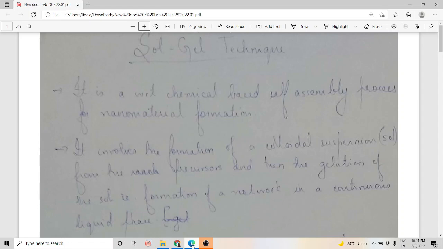Initially, a colloidal suspension is formed called the sol, and later the sol is converted into a solid or a semi solid continuous network, and that is called the gel. The gel usually has a sticky appearance.